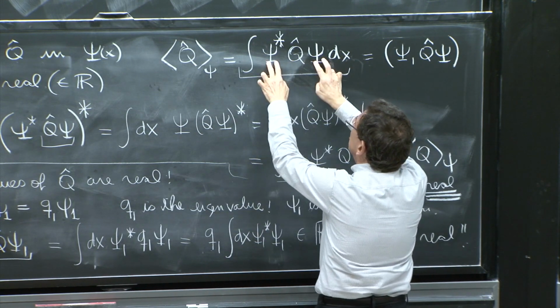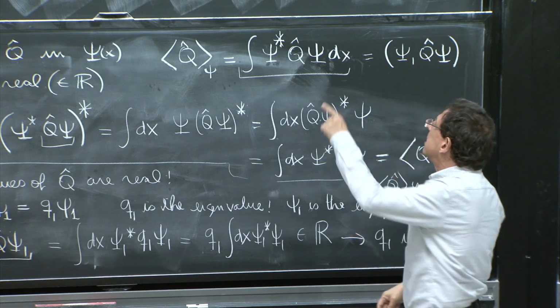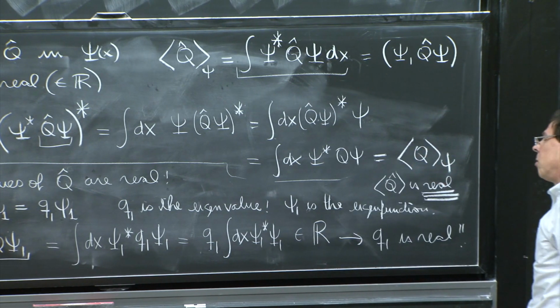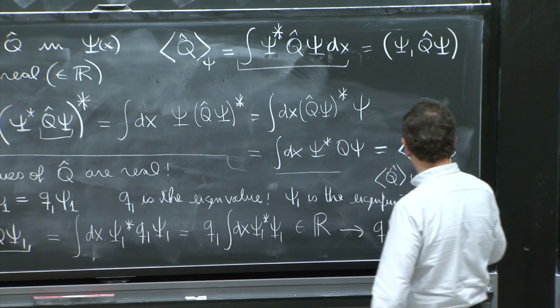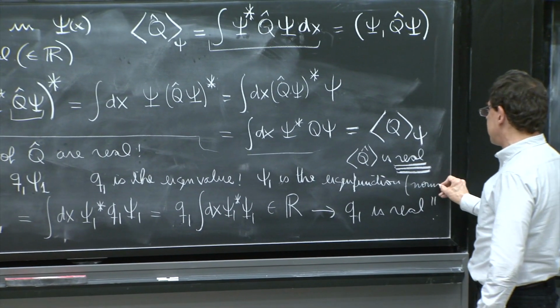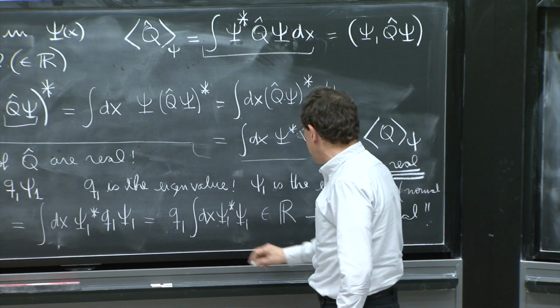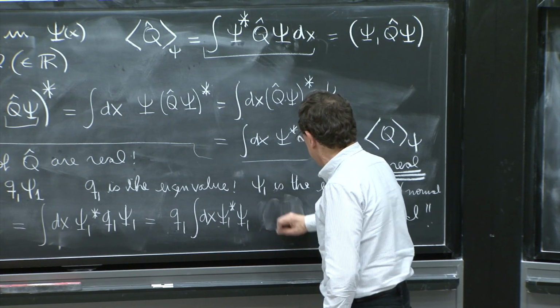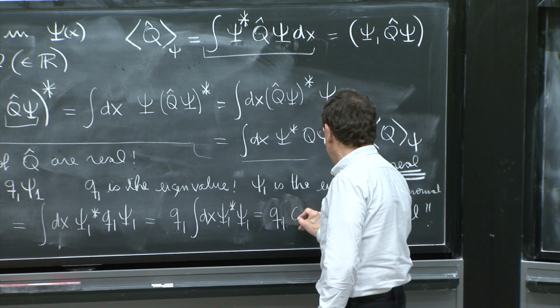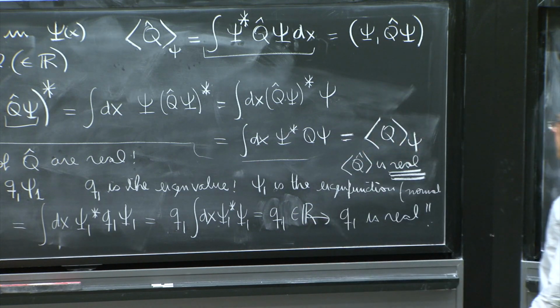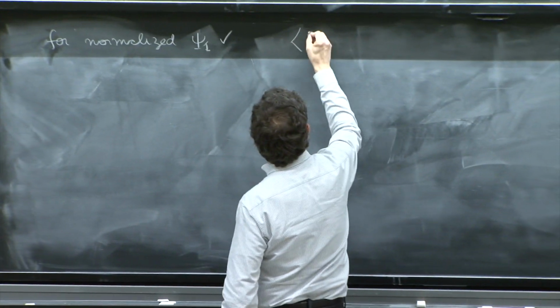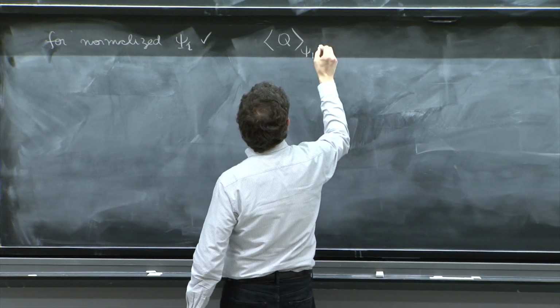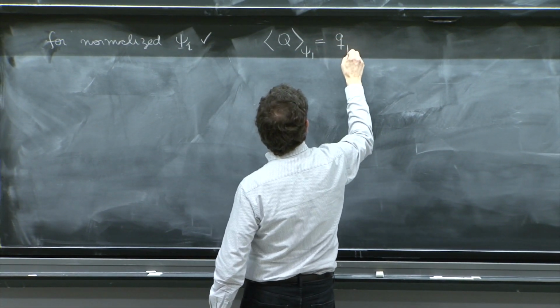So for this to be a well-defined calculation, the state must be normalized. So here we should really say that psi1 is the eigenfunction, normalized. And this integral would be equal to Q1, belonging to the reals. And Q1 is real. So for a normalized psi1, as it should be, the expectation value of Q on that eigenstate is precisely equal to the eigenvalue.